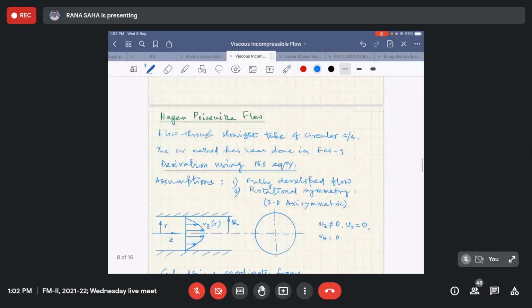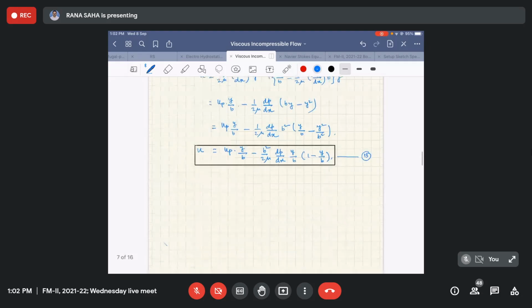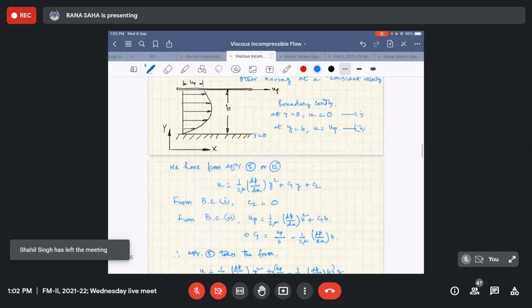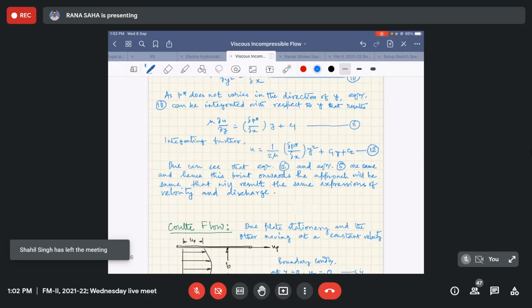Now the second part. Before going into that, an extension of the situation of flow through two parallel plates is what we call Couette flow. In that case, one plate is moving with respect to the other, or in other words, the plate has a relative velocity.